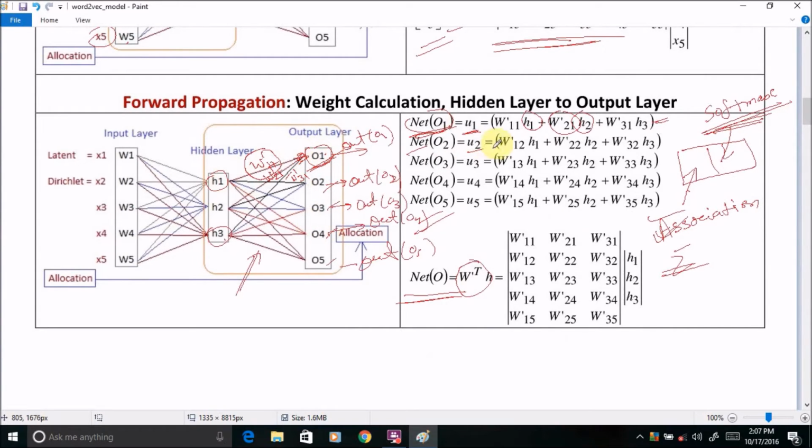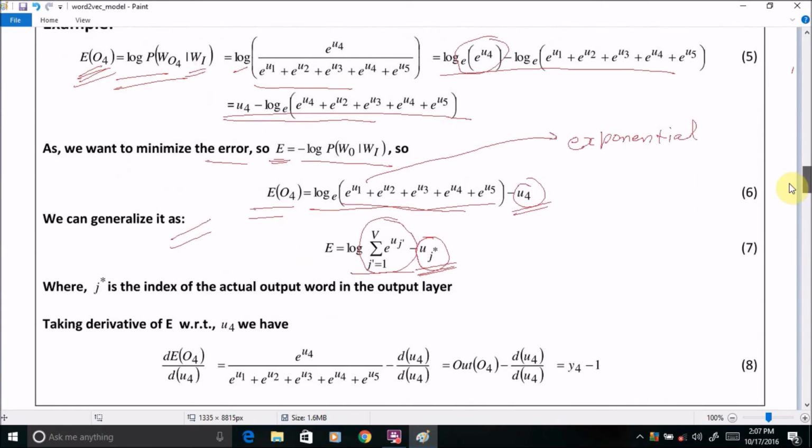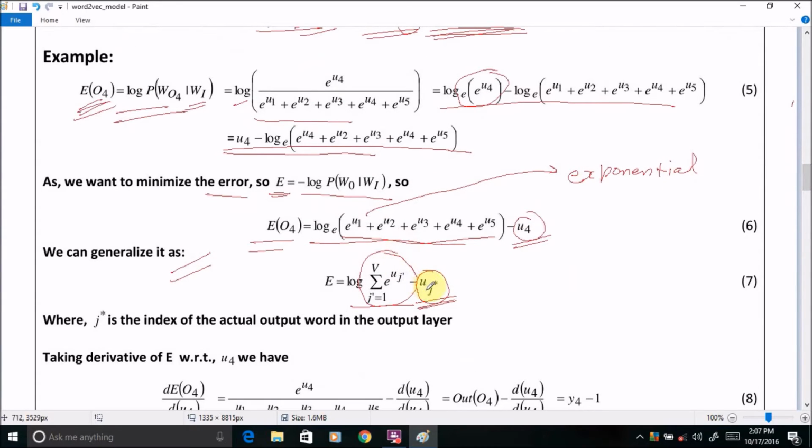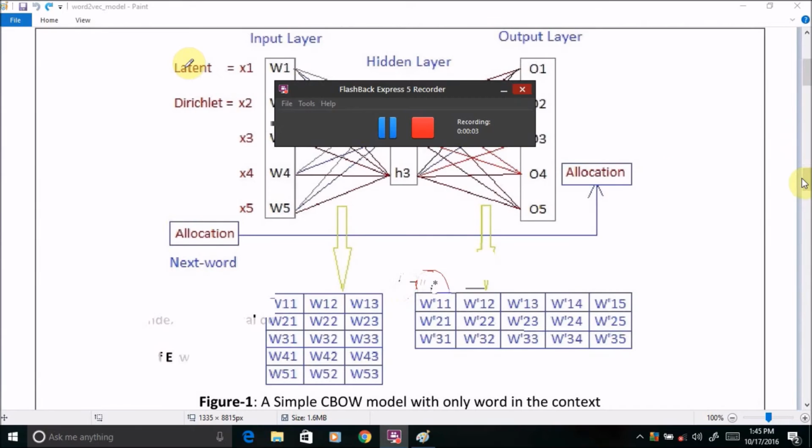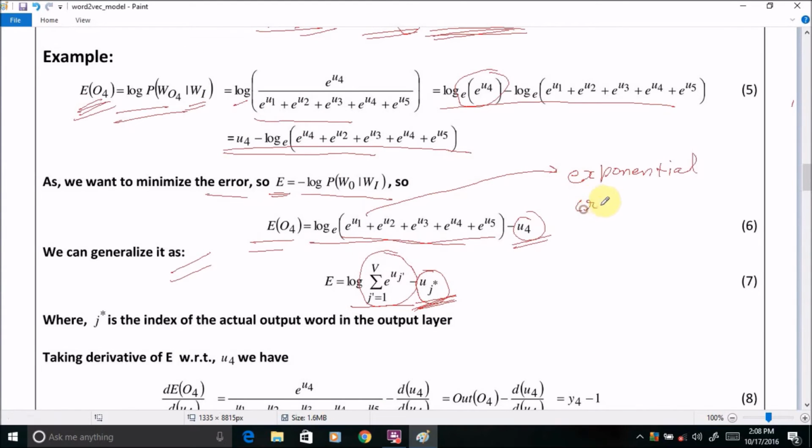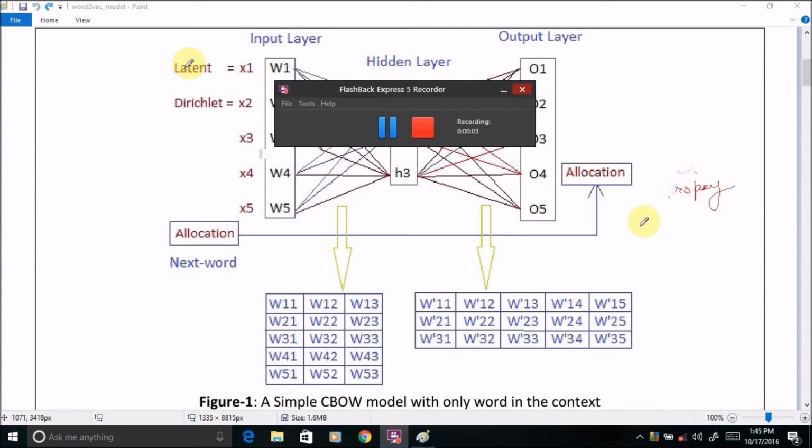Similarly, U4 will be the association or net score of output node O4. So this is the net score of the actual output word. This loss function can also be understood as a special case of the cross entropy measurement between two probability distributions.